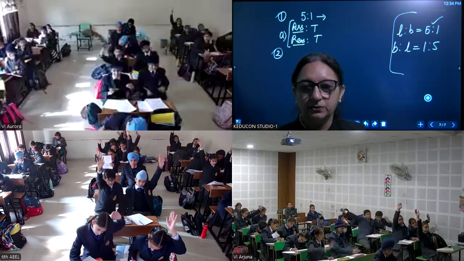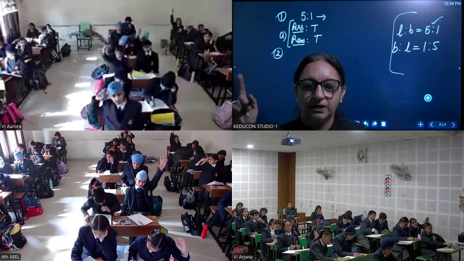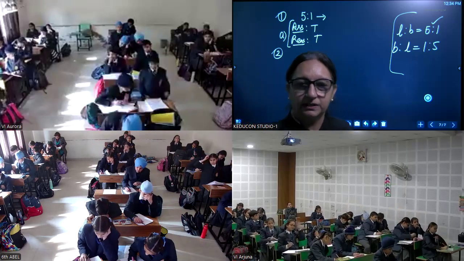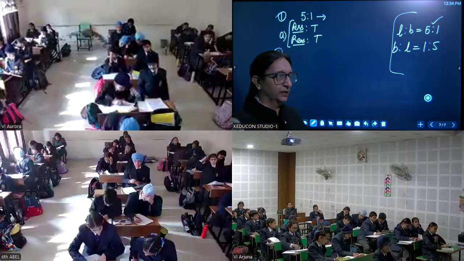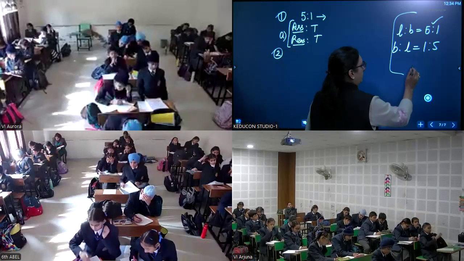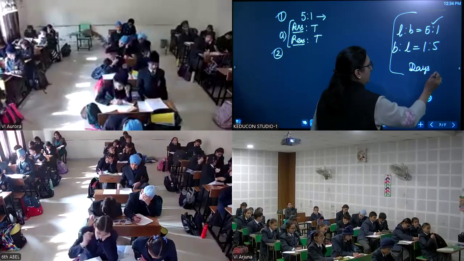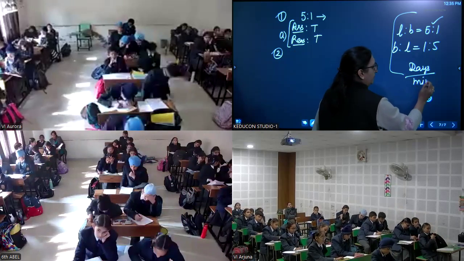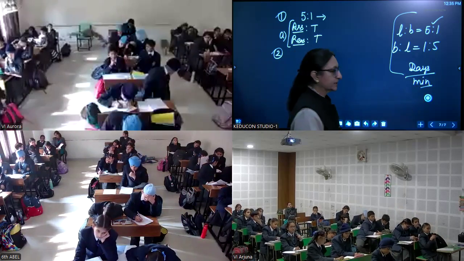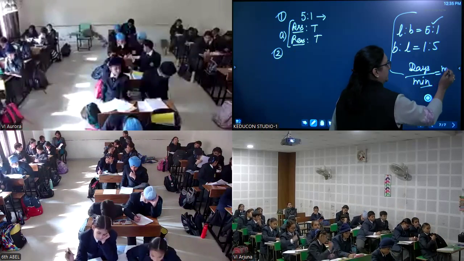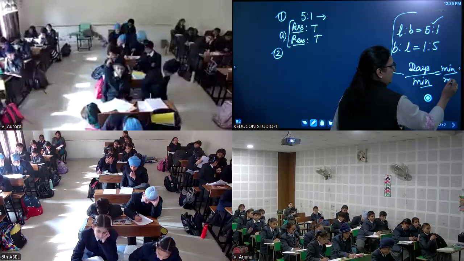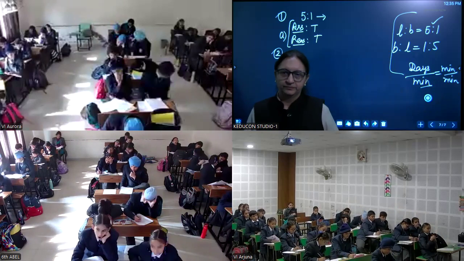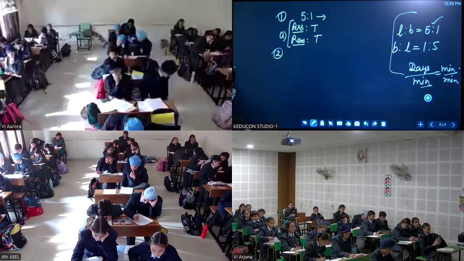Whenever we compare two things, they should be in the same unit. It's not that here I am talking about days and here about minutes. I cannot compare days by minutes. I have to convert days also into minutes. Then I will write its ratio. Unit has to be made equal.